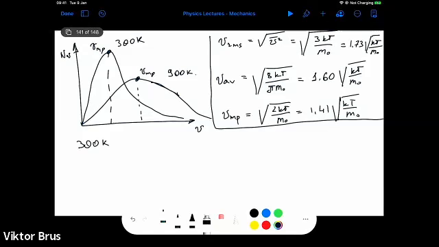So we get some evaporation of water even at a temperature which is much lower than boiling point. And this is because of this distribution of molecules per velocity, like speed and kinetic energy.